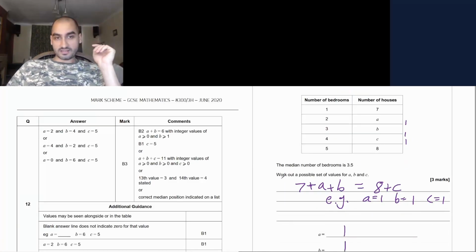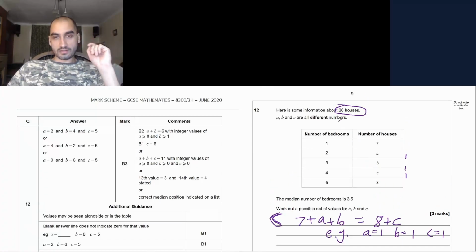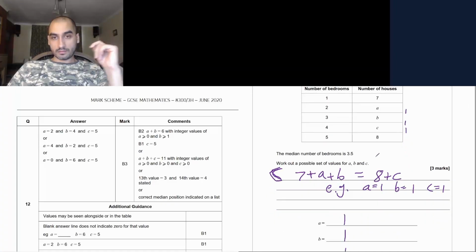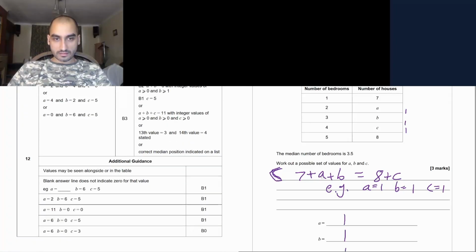So this is true, but I need another equation. A plus B plus C equals 11. How many marks do I get then? None?